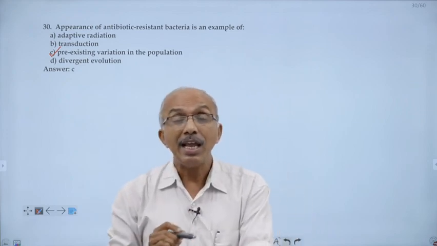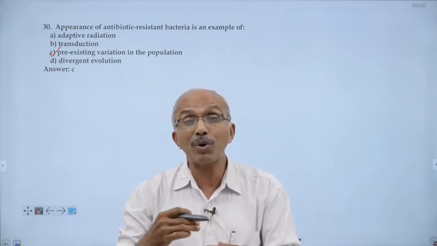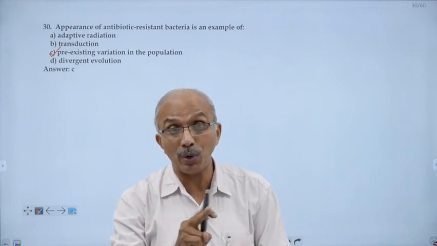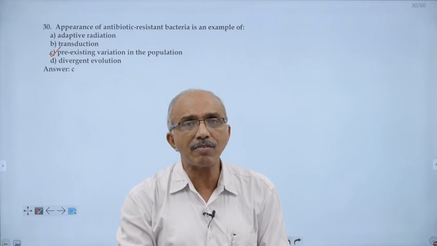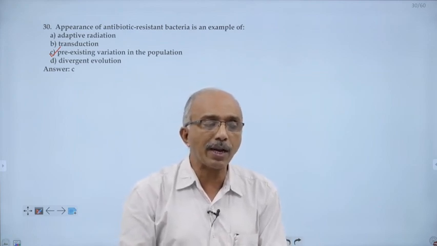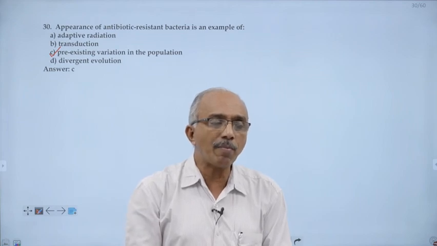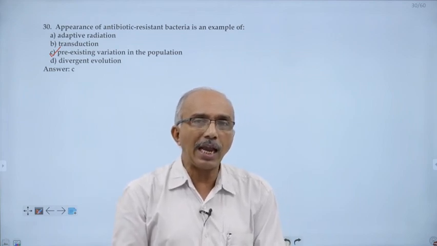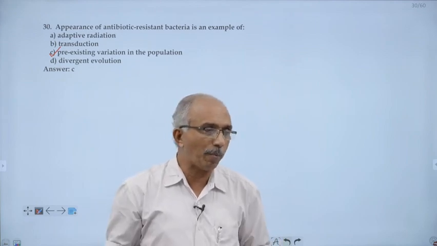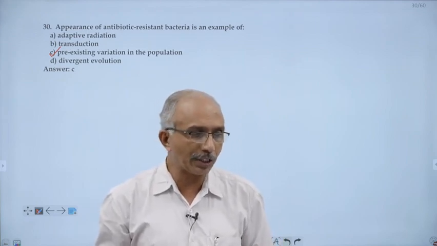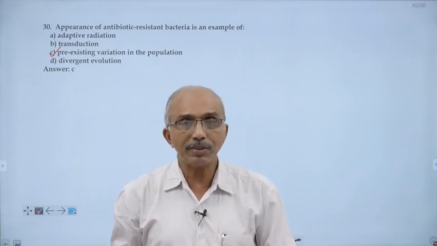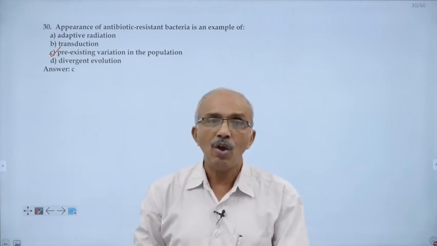But don't think that antibiotic resistant varieties were new ones evolved due to the use of antibiotics. No. Due to excessive use of antibiotics, the environment becomes favorable for antibiotic resistant types. So they are selected, their population increases, and they become more.